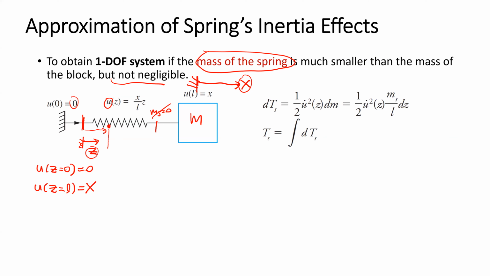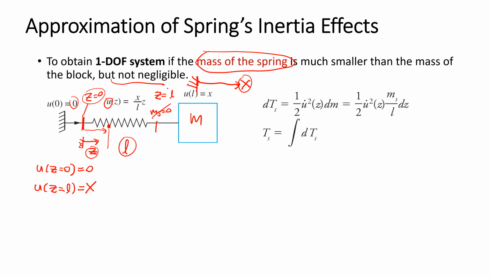So the spring has the total length of L. Z is equal to 0 at the left end of the spring, and Z is equal to L at the right end of the spring.